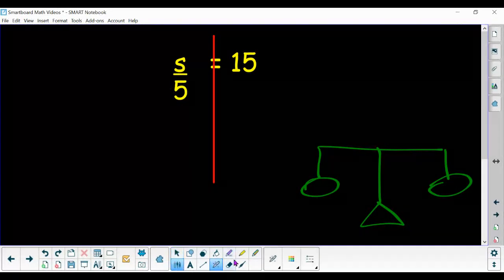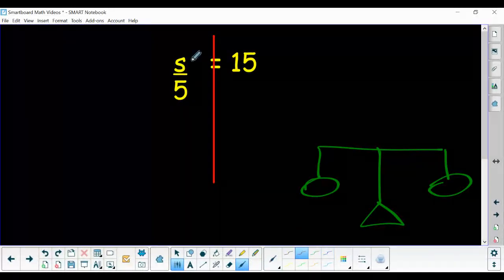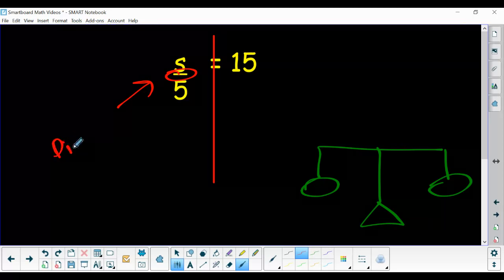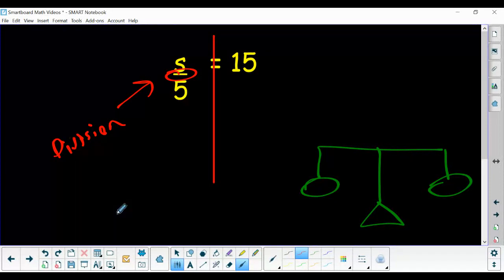If you look right here, that 5 is dividing S. S over 5, that stands for division. Sorry, that's kind of sloppy, but you get the point of what I'm trying to write.